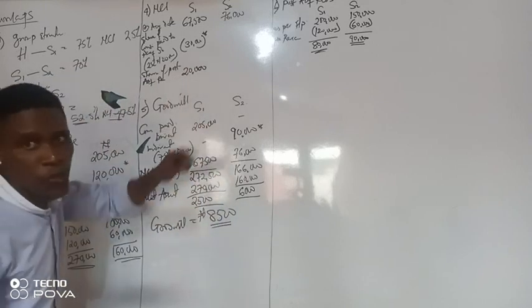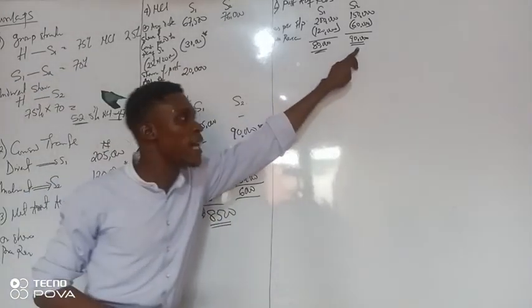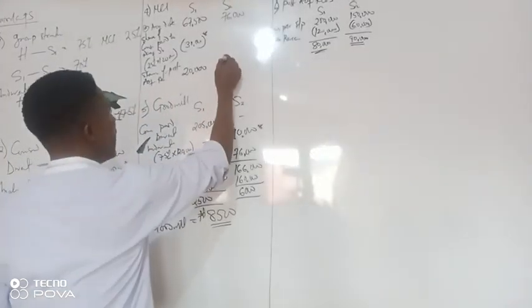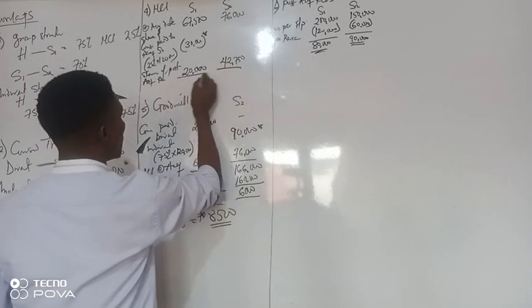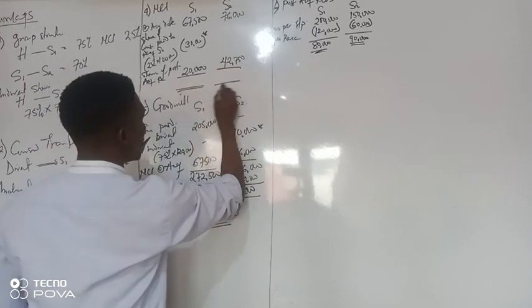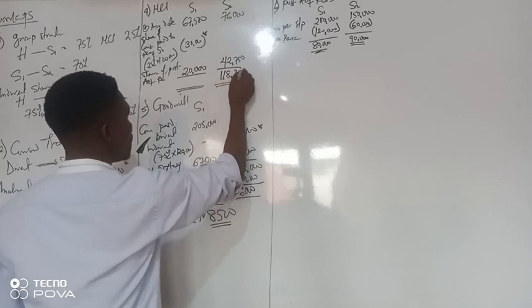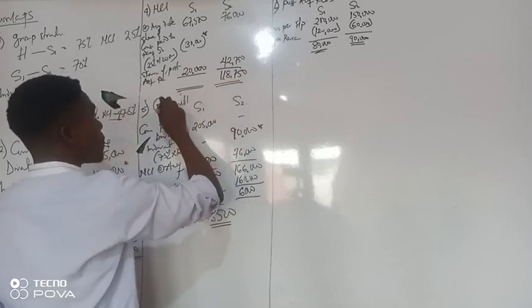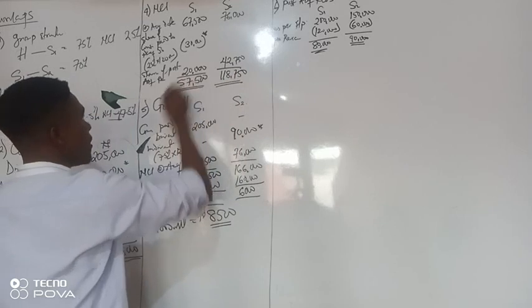Then for S2, you are using 47.5% of 90,000, which is 42,750. So put them together: S2 118,750 and S1 57,500.